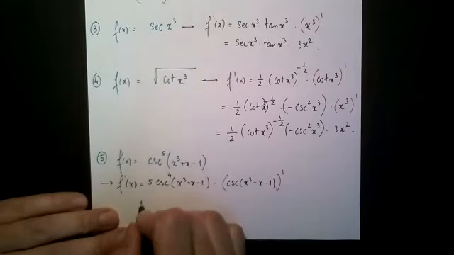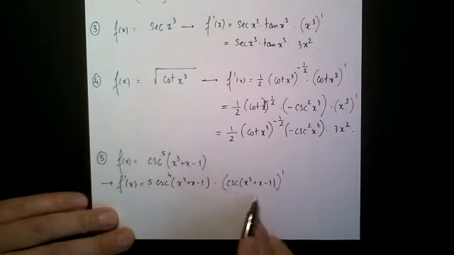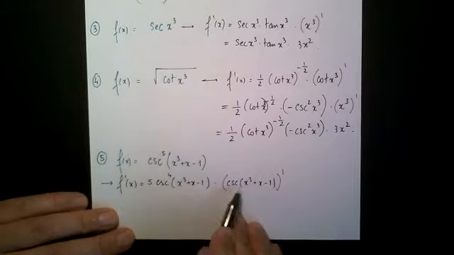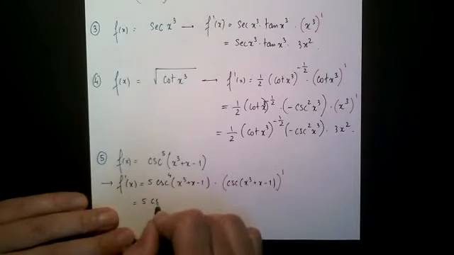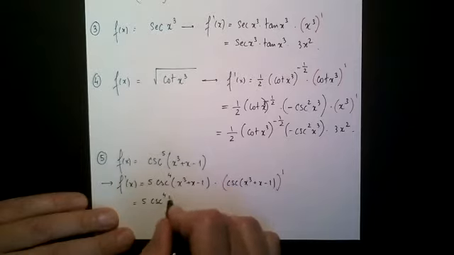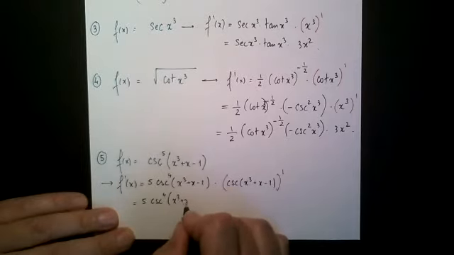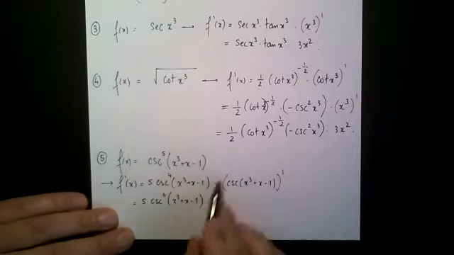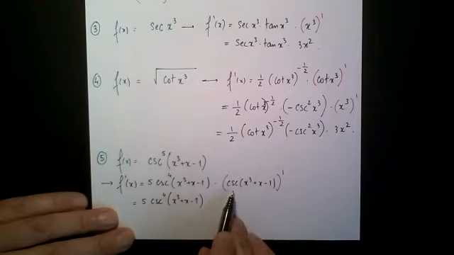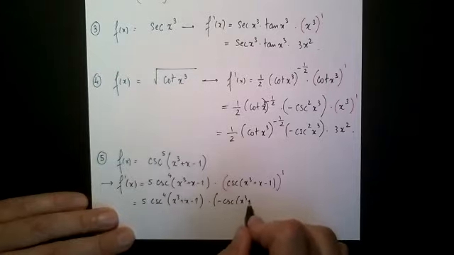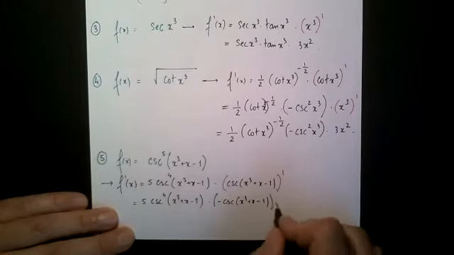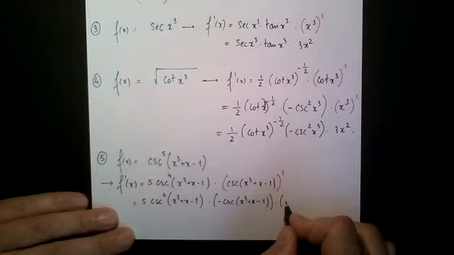Okay. So now I have to derive this. This is my new problem. So I have to derive now cosecant. It's the cosecant of this function. So it's equal to 5 times the cosecant power 4 of x^3 plus x minus 1 times the derivative of cosecant, which I showed last class: negative cosecant times cotangent.